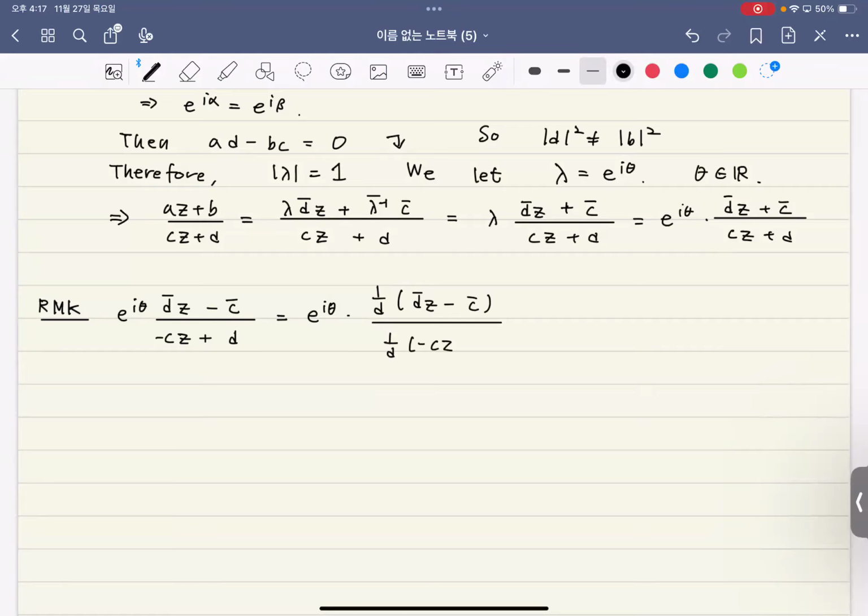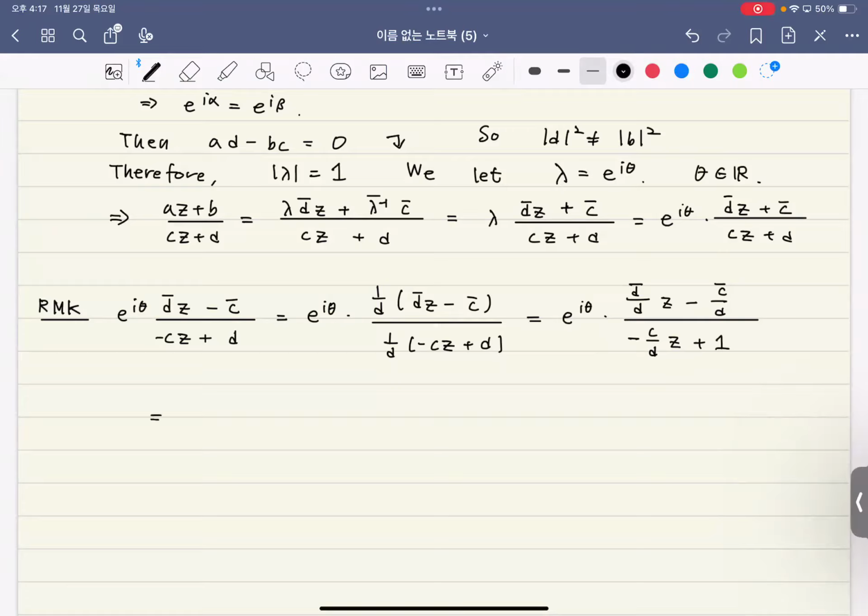So minus cz plus d. So e to the i theta of d bar over d, z minus c over d, and minus c bar over d z plus 1.